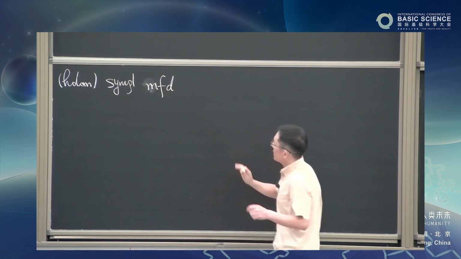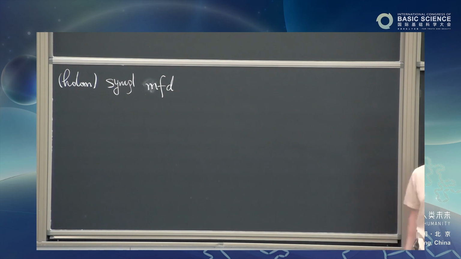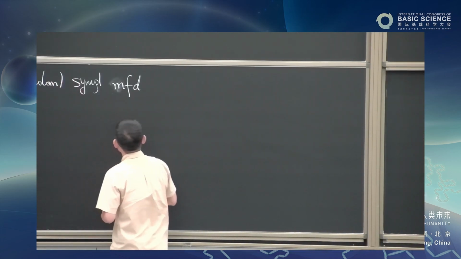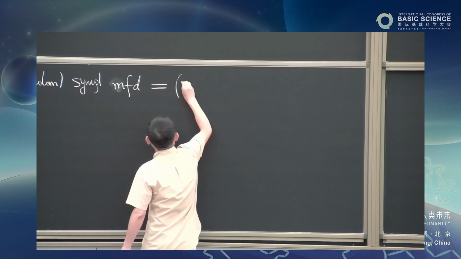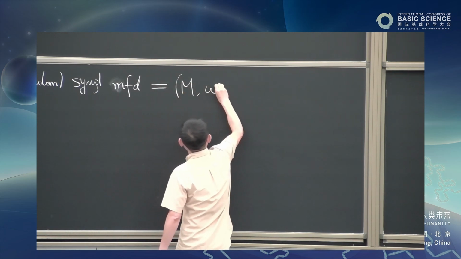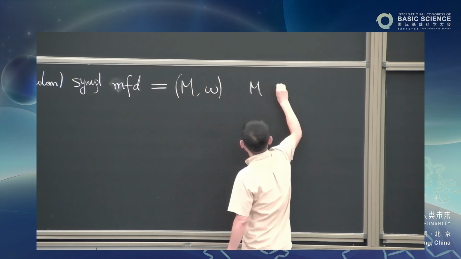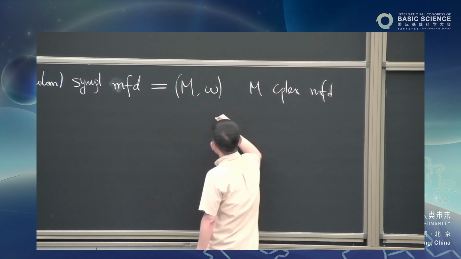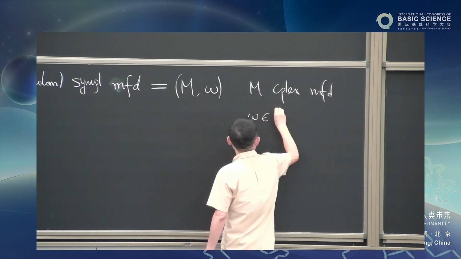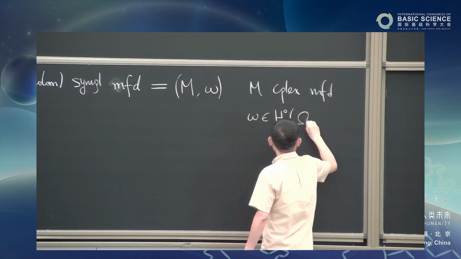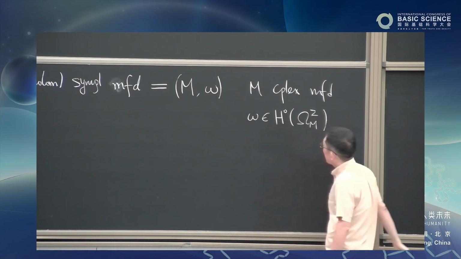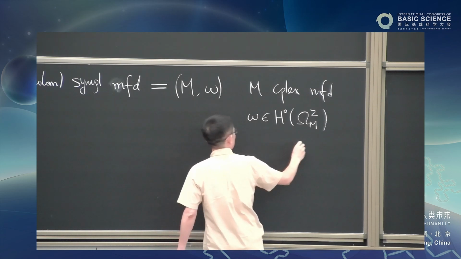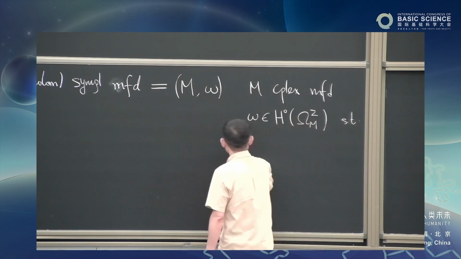In my talk, everything will be holomorphic, so I will not write holomorphic every time. This is just a complex manifold with a symplectic form. So M is a complex manifold, and omega is a 2-form which satisfies two conditions. First of all, omega is d-closed.